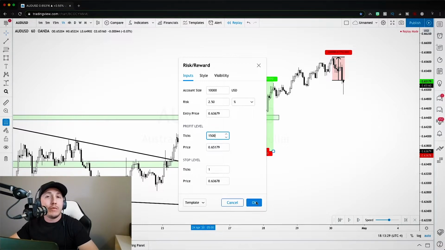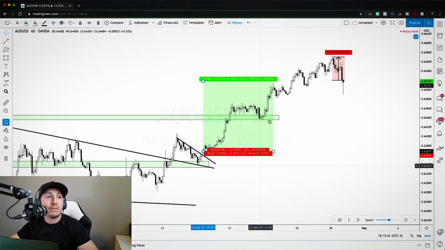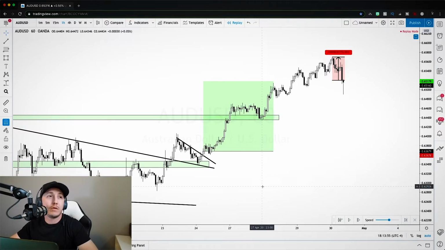On the remainder of the position, let's say it was half a lot, we took another 70, I guess that'd be 80 pips. All right. So we took another 80 pips on half a lot. In total, 150 pips on this trade. And we only had a 40 pip stop loss.